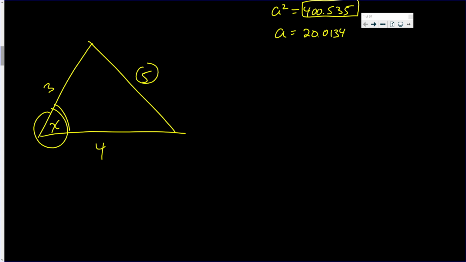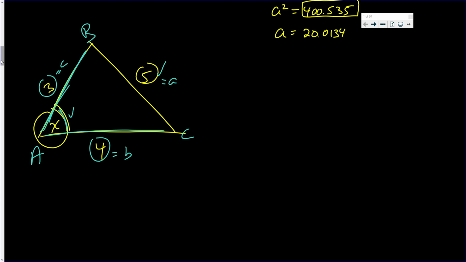This one screams for law of cosines because this angle is made up of these two sides. Ooh, we have them. And between these two, only one is unknown. So we'll label it ABC. So this is little b, this is little a, and that's little c.